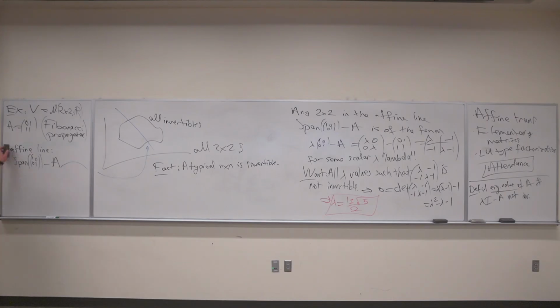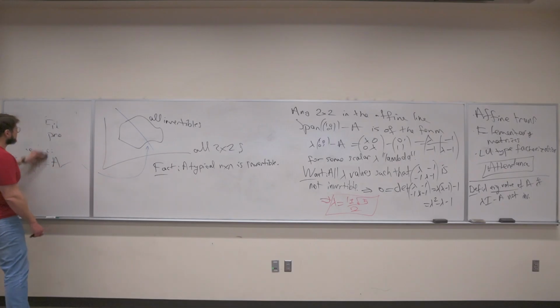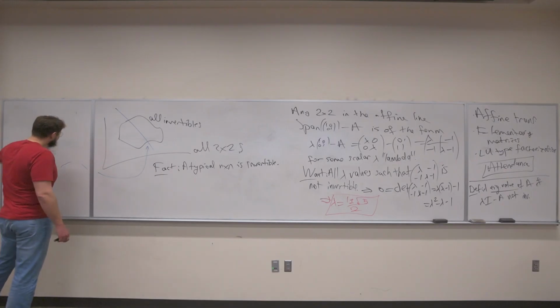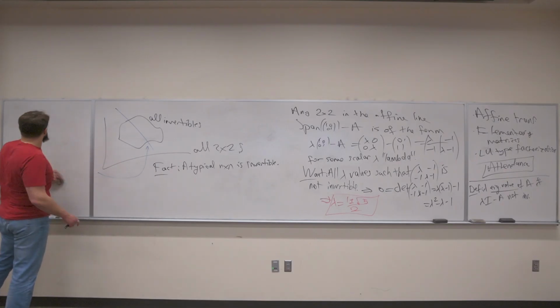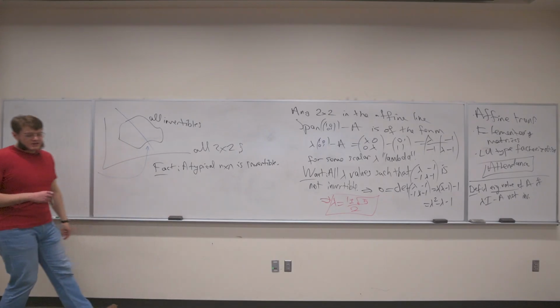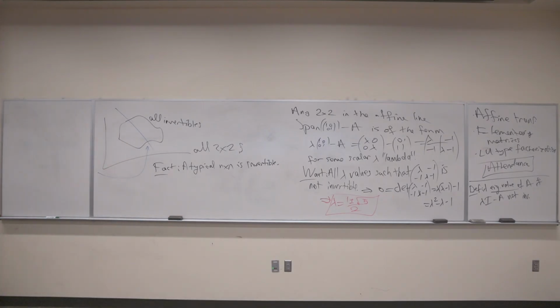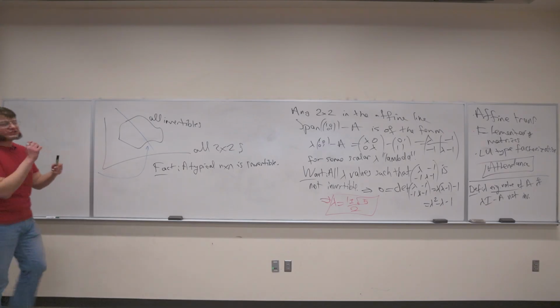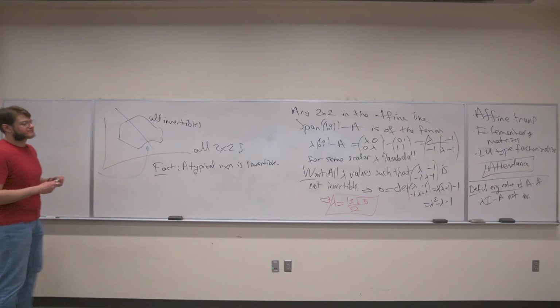So I'll erase this. I'm not going to define an affine transformation in general. I'll just give you an example. In the case of the plane, an affine transformation is pretty much a linear transformation, except you also get to move the origin.